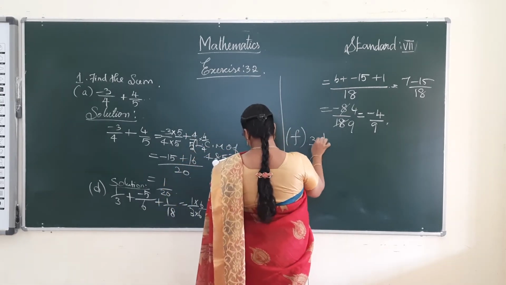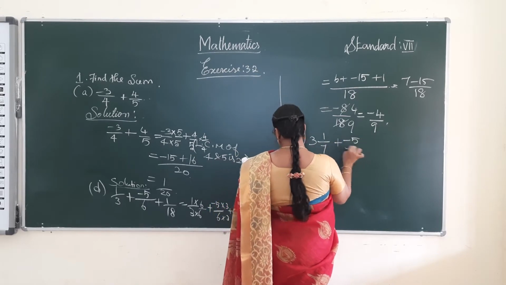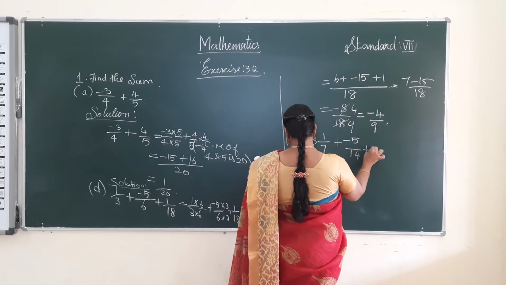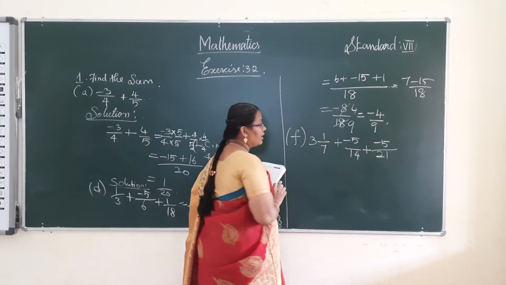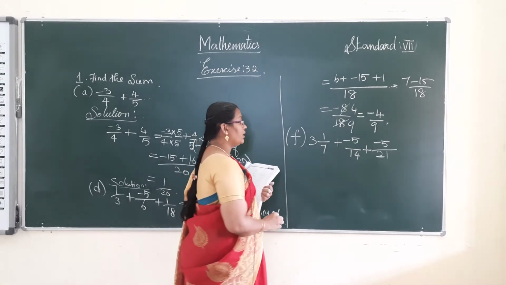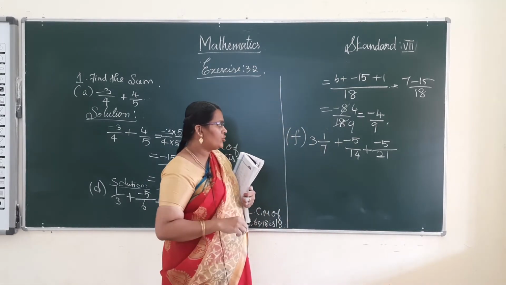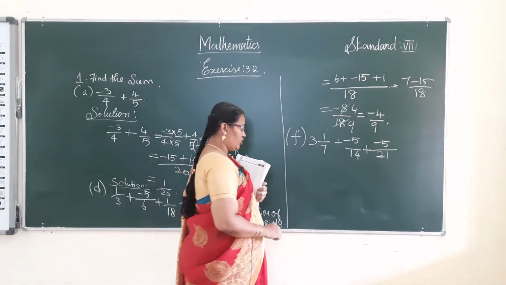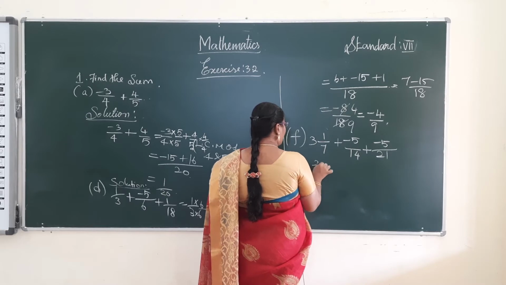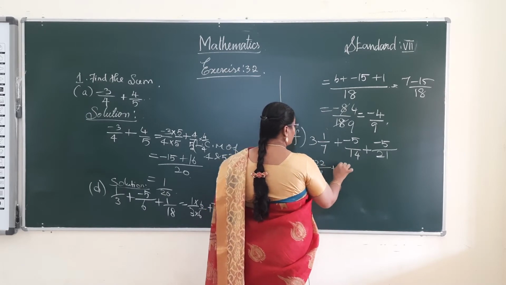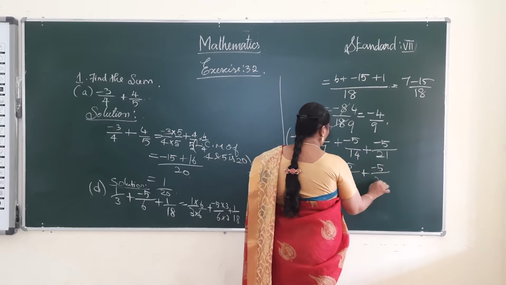3 1 by 7 plus minus 5 by 14 plus minus 5 by 21. Here a mixed fraction is given, so change it to an improper fraction. 7 3s are 21, 21 plus 1 is 22, so 22 by 7 plus minus 5 by 14 plus minus 5 by 21.